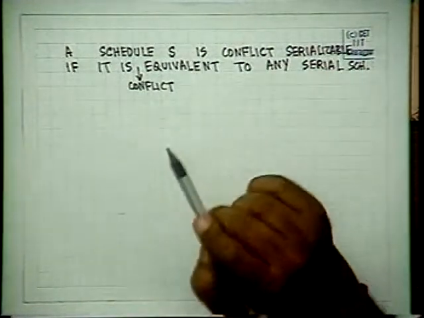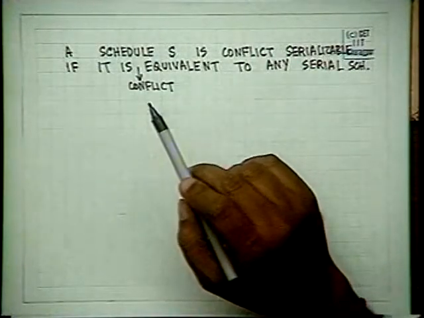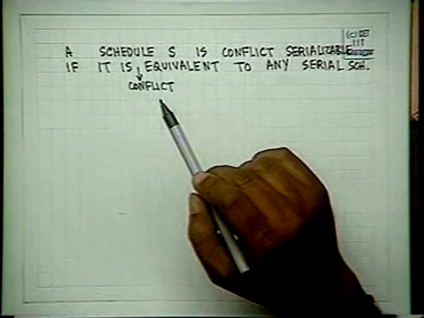So a formalism has now been defined in which we define the concept of a conflict and a swap operator, and using this conflict swap operator, we try to find out whether two schedules are equivalent.